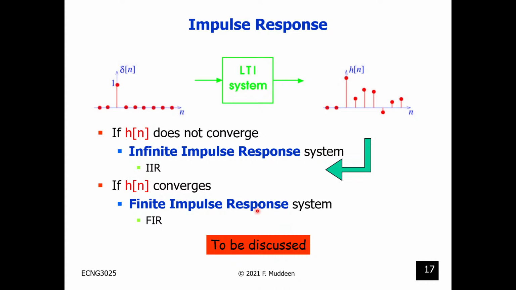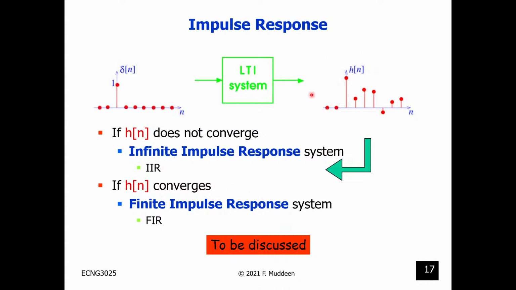Now, in doing convolution in the discretized time domain, it is possible that if you have an h of n system that does not converge, meaning that it keeps on going towards infinity, the system is what we refer to as an infinite impulse response system, or IIR.